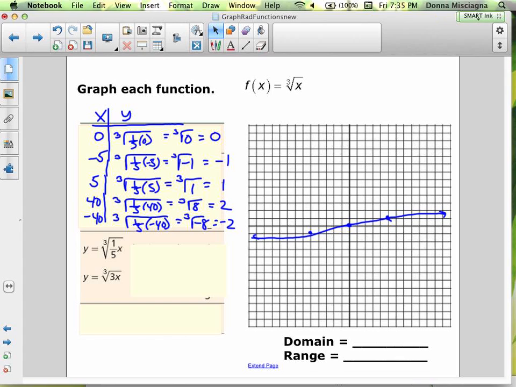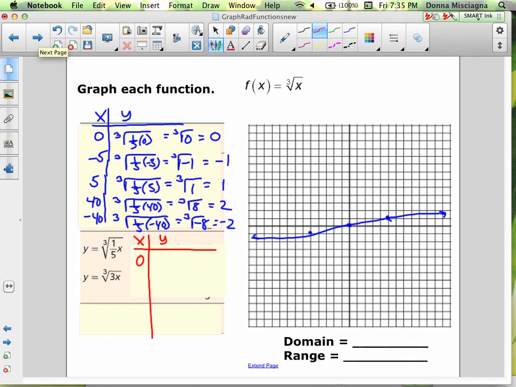Now let's graph the other one. So we have x and we have y. We'll use 0. So we'll have the cube root of 3 times 0, which is the cube root of 0, which is 0.